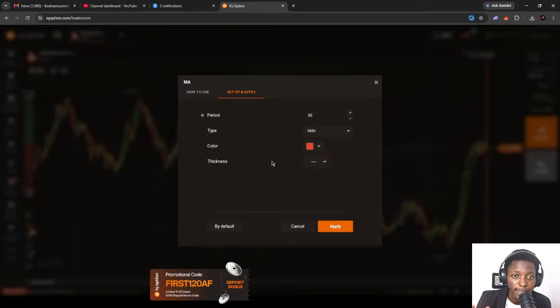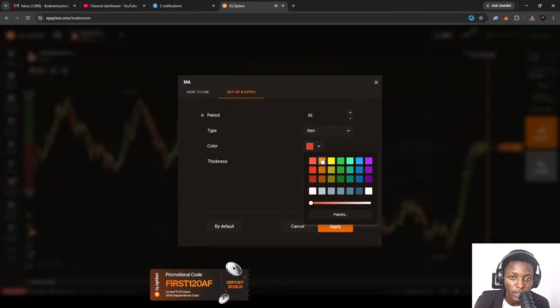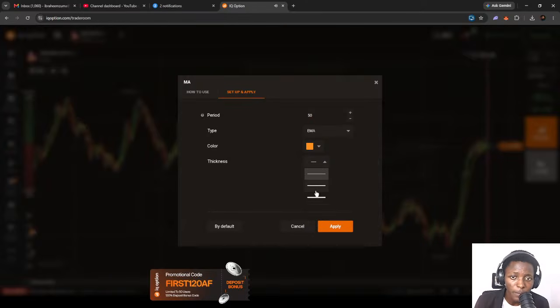The default setting is just SMA. This is very important for you guys to focus on, because sometimes you're gonna make a mistake and add SMA instead of an EMA, and that would slow your decision making process. So it is worth looking at. We're gonna use this color just like we have in that slide, tick the line like I said, and then click apply.